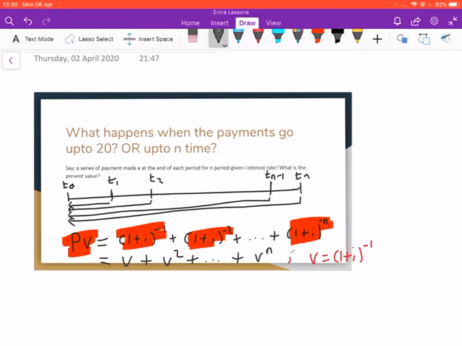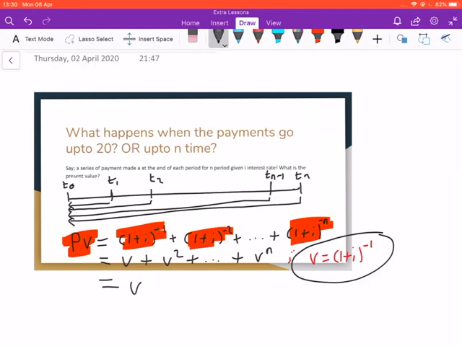So let's find a simpler way of understanding this. V, by the way, as you can see here, is the discount factor. So V to the power 1 is the discount factor of 1, V to the power 2 is the discount factor of 2. So let's find a simpler way of writing this formula. When you have knowledge of sequences and series, you will know that this is a sequence, and this here is a series.